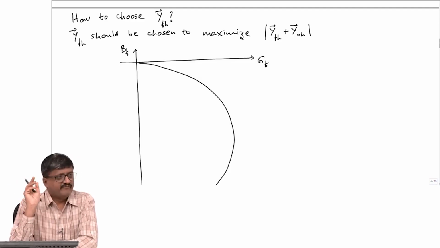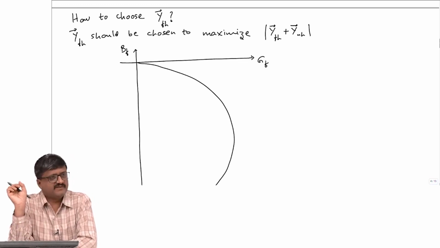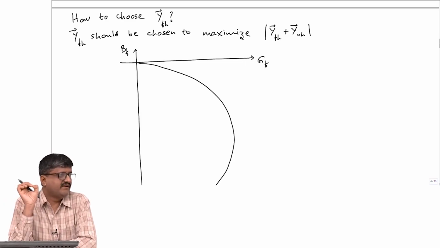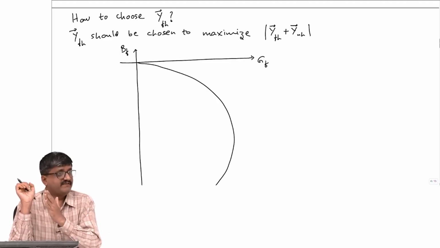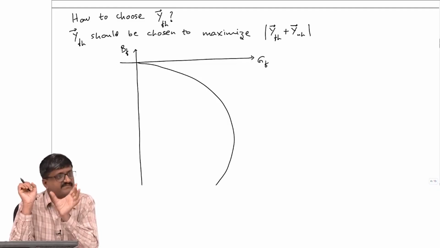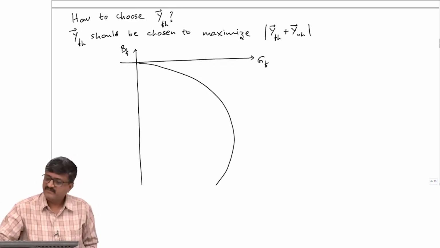So, once the rule is fixed for choosing y n h, the sum of these two complex numbers, y of h plus y n h, should always be perpendicular to the boundary. So, I have to choose the position of the boundary itself such that this perpendicular distance is maximized. That means I have to choose the boundary as a tangent to the semicircle.